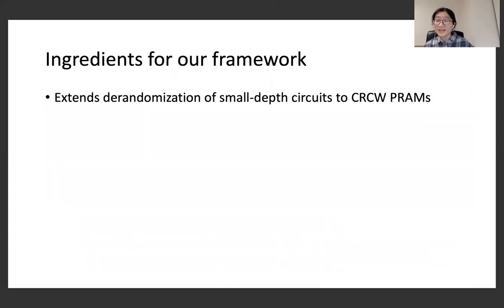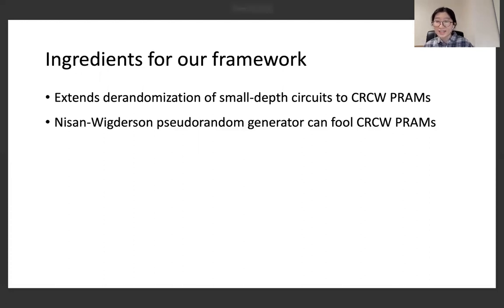And finally, let me say a few words about the main ingredients that go into our framework. At a high level, our framework extends the classical de-randomization techniques for small depth Boolean circuits, which is a weaker computation model, to CRCW PRAMs. The key ingredient here is the construction of a pseudo-random generator that can fool CRCW PRAMs.